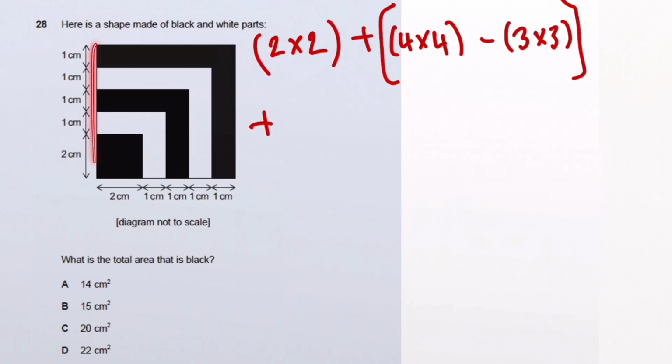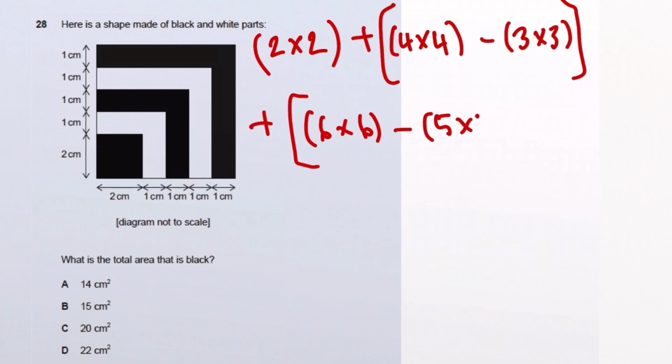And lastly, add this larger number, take away this white square here, again accounting for the missing space. So we have 2 plus 1 plus 1 plus 1 plus 1. So we have 6 by 6 minus this white square's dimension, which is 5 by 5.